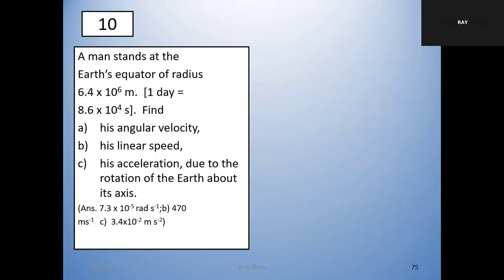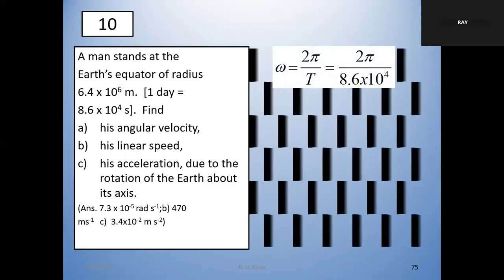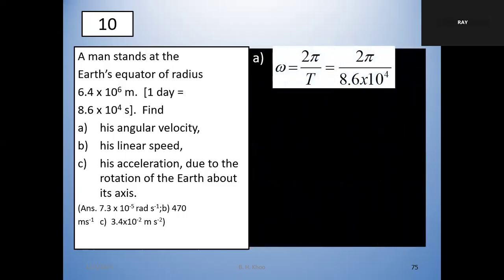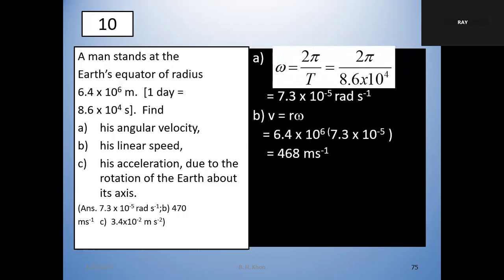So it's 2 pi over 1 day, isn't it? One day is given as the period, so just 2 pi over the period, correct? You're right. Okay. Linear speed, 2 pi over the period, I got a very, very small value. V equals R omega. It's 7.31 times 10 to the power of negative 5.